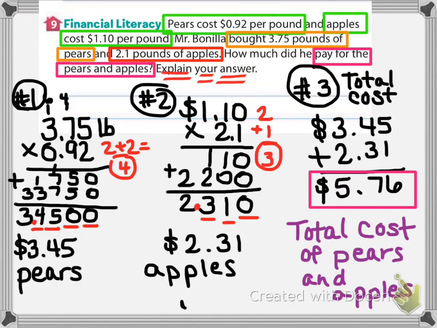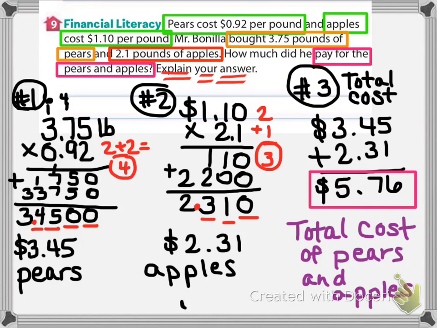So I need a total of 4 decimal places to put into my final answer with multiplying. So the total cost of the pears ends up being $3.45.